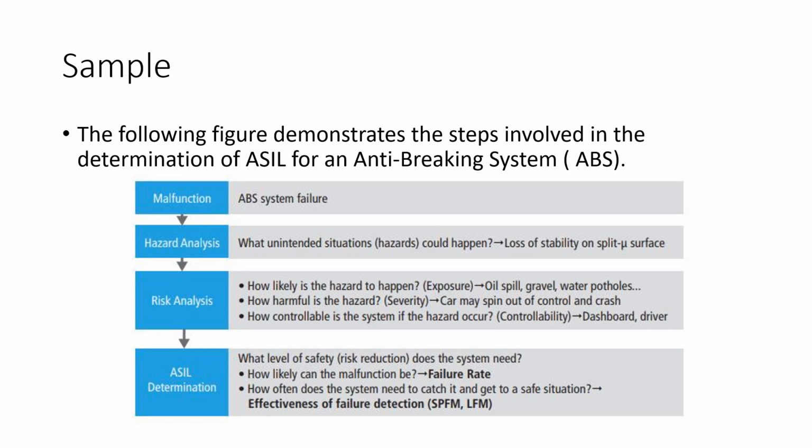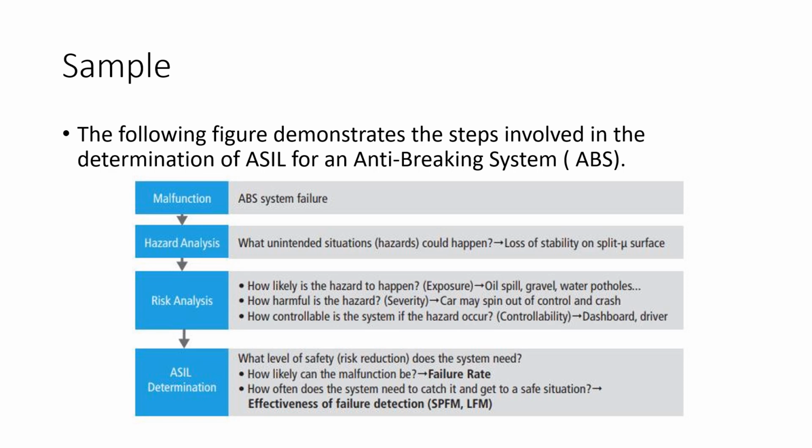Risk analysis involves, as I said, three different things: exposure, severity and controllability. What is the probability of exposure? If the surface has an oil spill, gravel, water or potholes, the probability of exposure level increases.